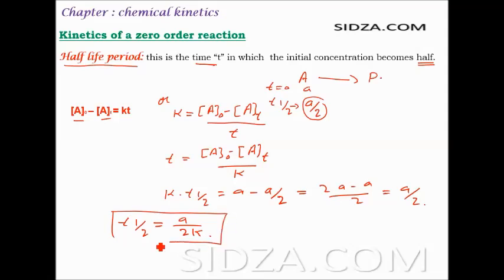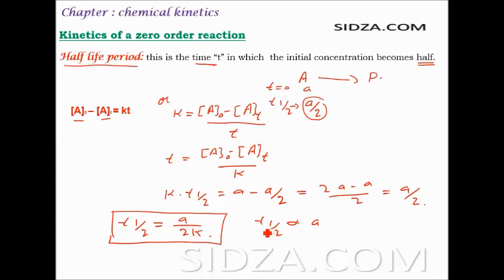So this is the initial concentration by 2K. The half-life period here is directly proportional to the initial concentration of the reactants. If the initial concentration of the reactants is more, the half-life period will be more. Here the t half in the zero order reaction is directly proportional to the initial concentration of the reactants.